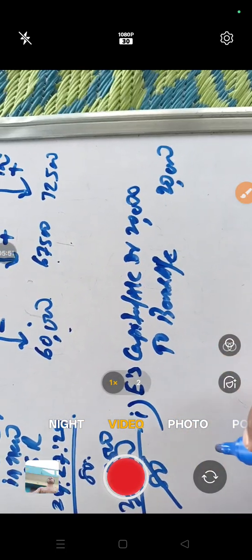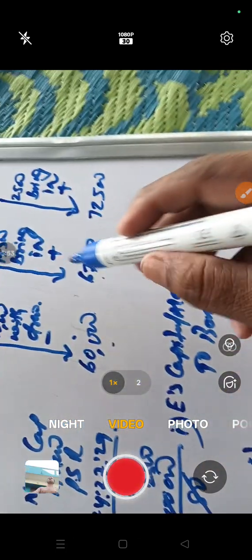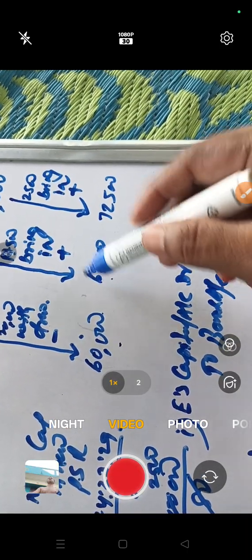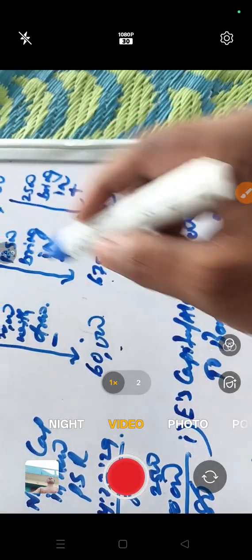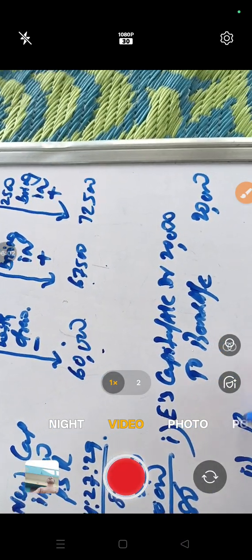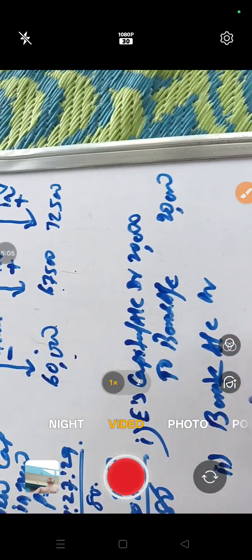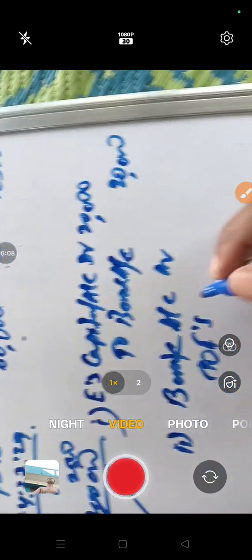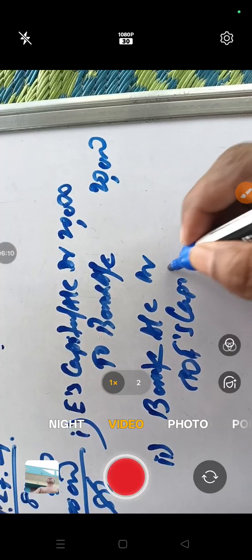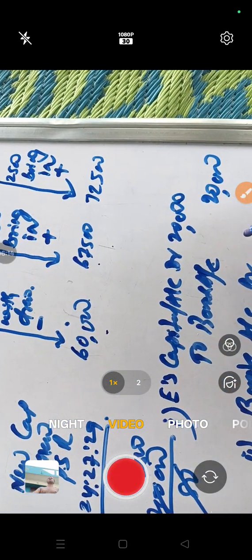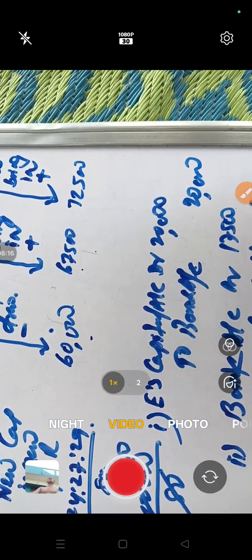This is the first journal entry. Second journal entry for F, who brought in money. When money is brought in, money increases, so bank account debit to F's capital account 17,500.